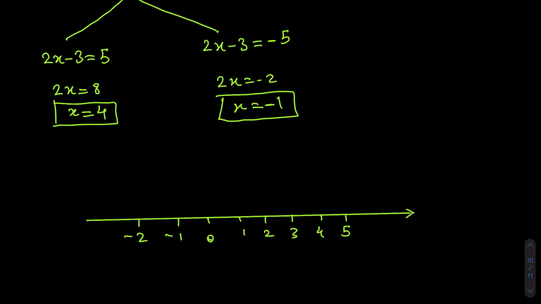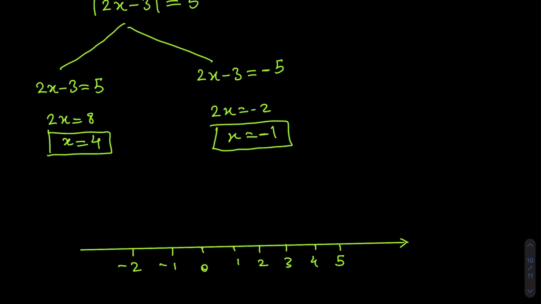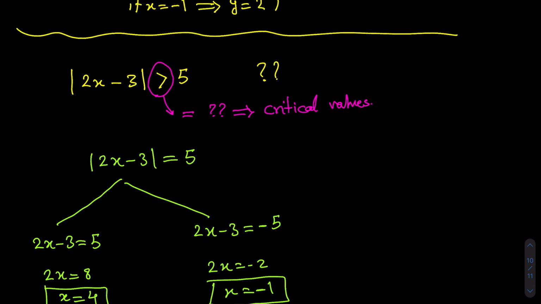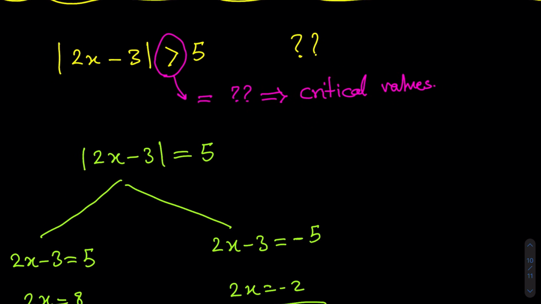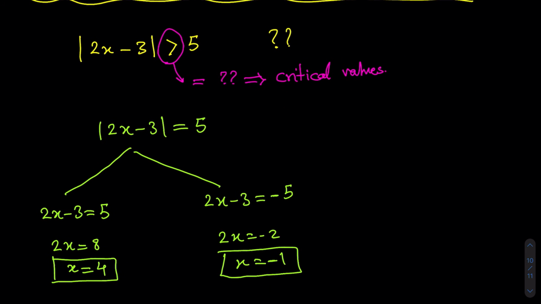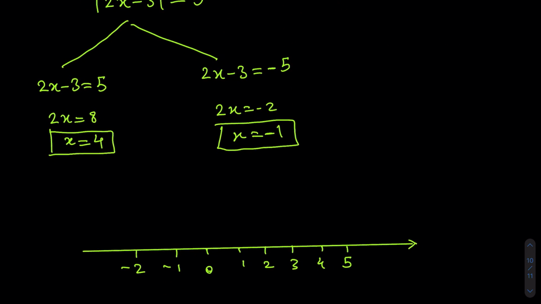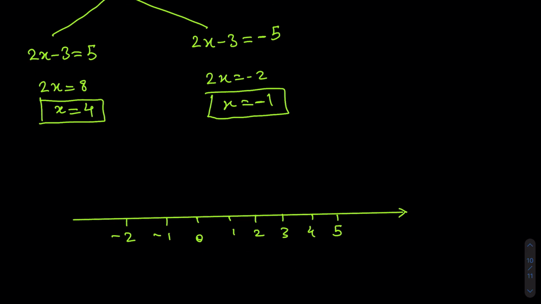Now we just mark those critical values, but we need to pay attention to the sign here, which is only larger than, not larger than or equal to. Therefore we need to show them by a small empty circle.